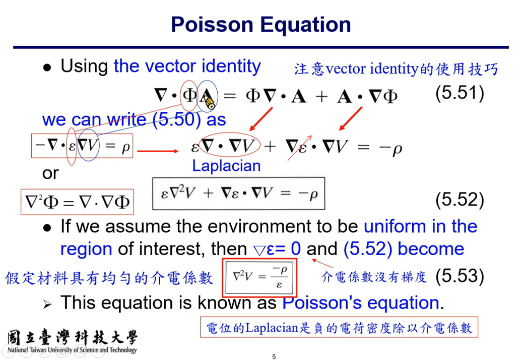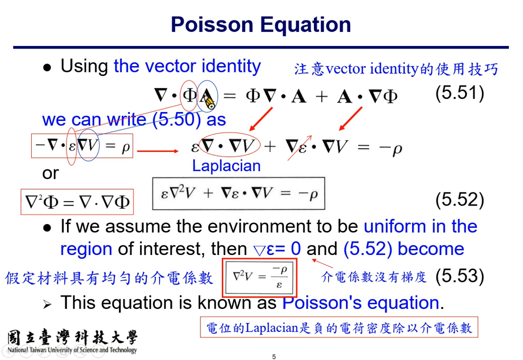So for any point in the space, if the Laplacian of the voltage at that point is non-zero, then it must come with electrical charge density.